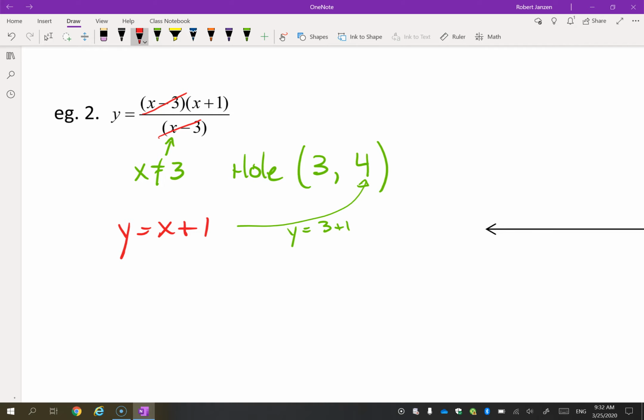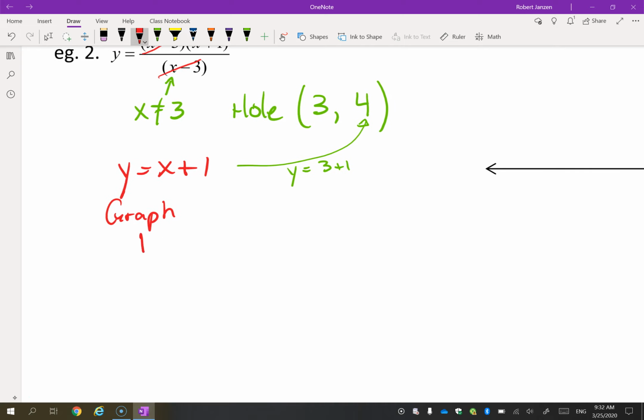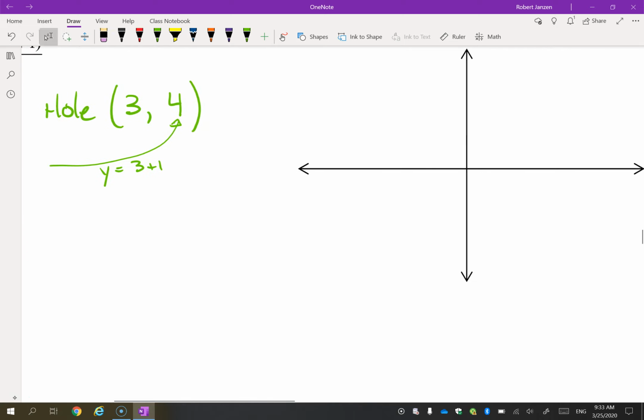Okay? And now let's graph this. How would you graph what's left over? Well, you know that the y-intercept is 1, and you know that the slope is 1. So we could draw this. Y-intercept is 1, and our slope is 1.